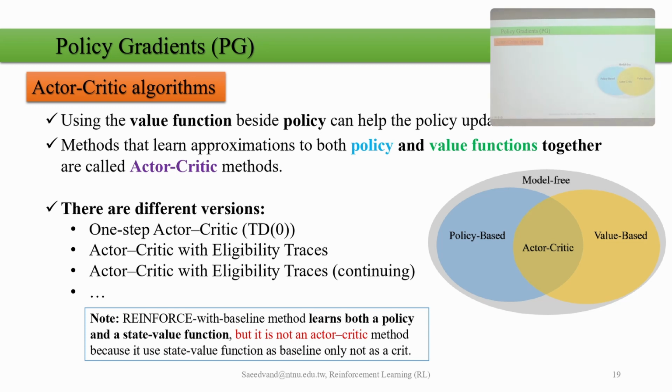Okay, so by knowing that background from policy gradient, by knowing the two algorithms, REINFORCE and vanilla, and seeing how we can update the parameters, now we can have a look at one of the other famous policy gradient algorithms.